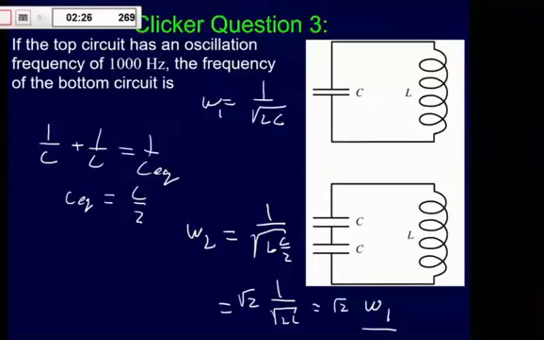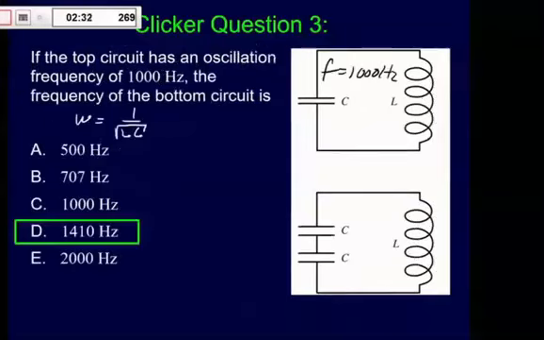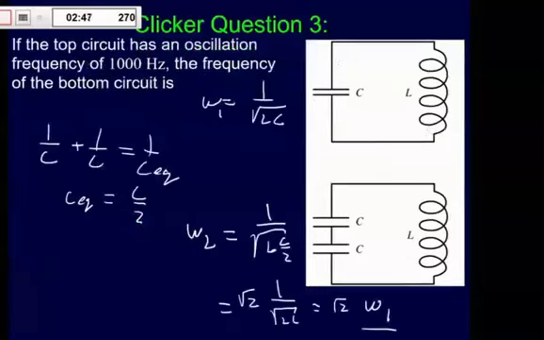So the second one will be radical 2 times the first one, and if you take radical 2 times the first one, you get this answer of 1400 hertz. This angular frequency is the kind of thing you really want to remember because it's useful for a circuit like this.